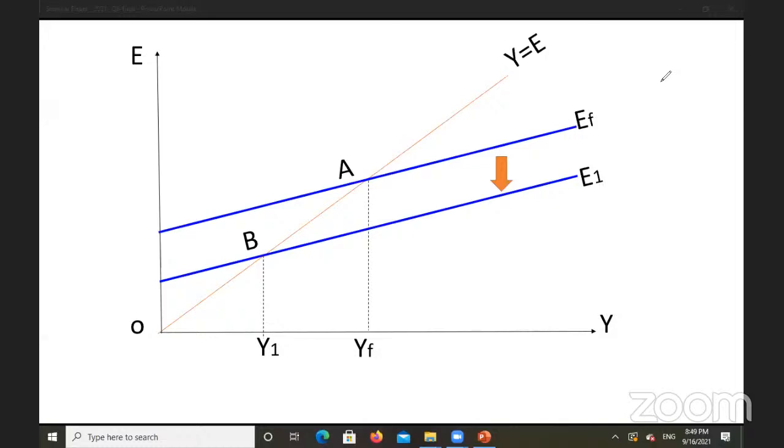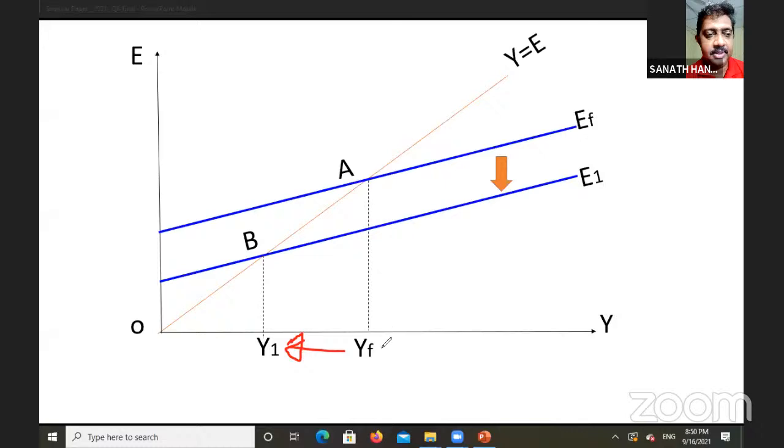We'll start with the diagram. This gap is called a deflationary gap, because there is unemployment or deflation.